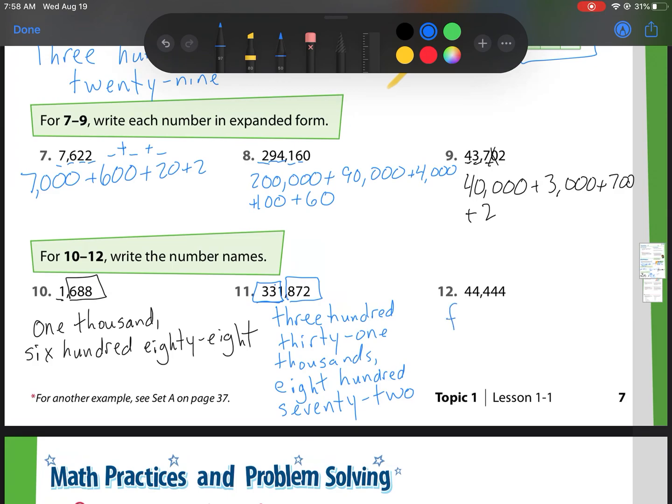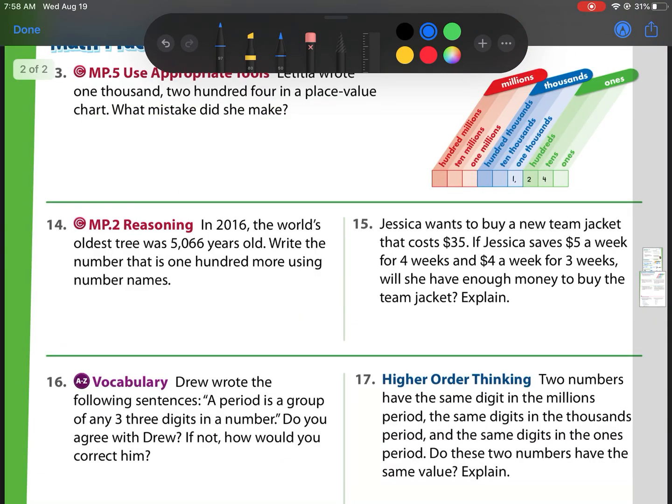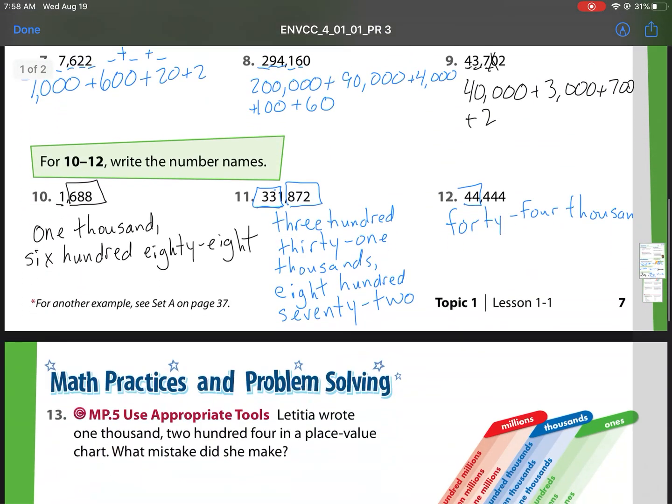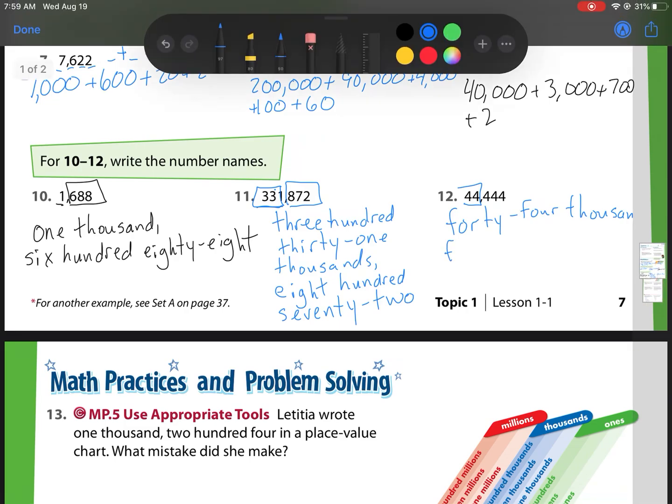So it's going to be 44,000, since it's in my thousands grouping. Oops, and it did it again. So let me pull it back. 44,444.